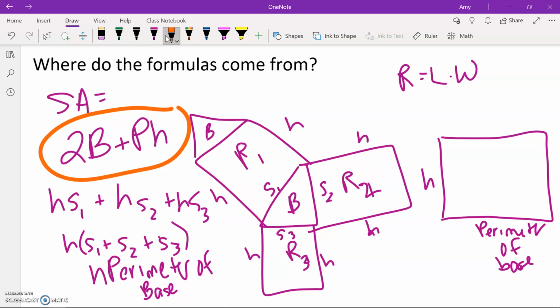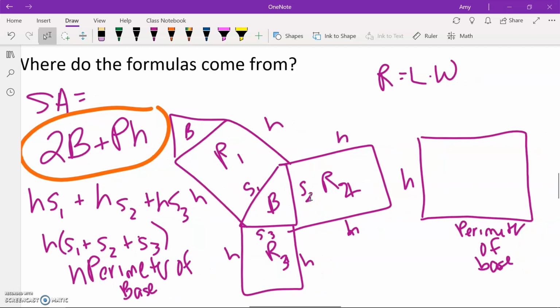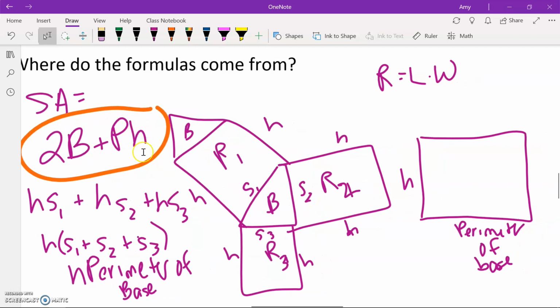So I like this formula because it is super general and it relies on your skill as a mathematician. Now, that is where our formula for surface area comes from. It's the two bases plus those three rectangles. So these are the bases of whatever shape they might be, and then this is the area of all those rectangles.